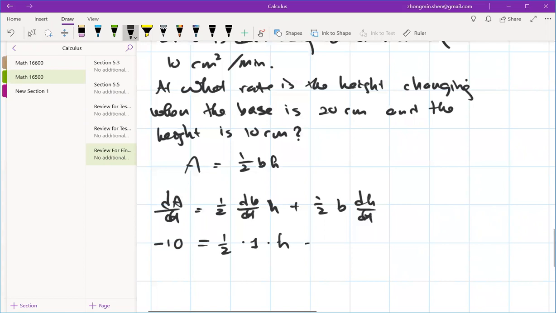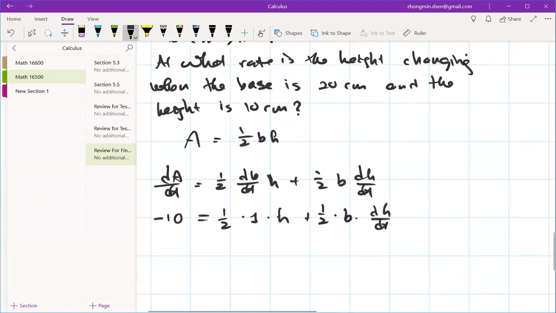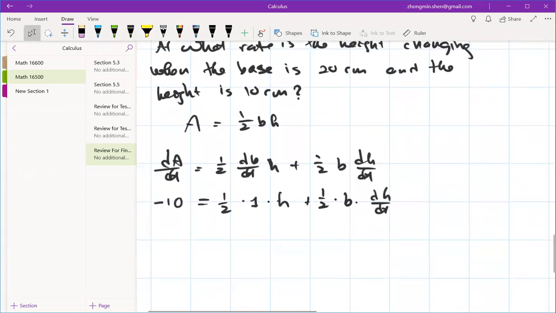It's positive. And we want to find out at what rate the height is changing. Okay, so this is the way we find out. Look at this, right? If you multiply both sides by 2, I get negative 20 equals h plus b dh/dt.